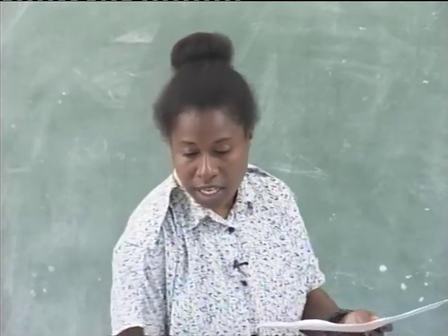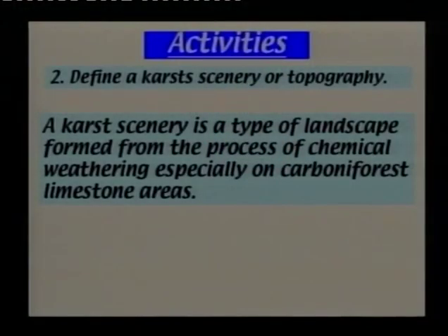Let's check the answer for question 2. The question again, to define a karst scenery or topography. It says here from the monitor, a karst scenery is a type of landscape or landform formed from the processes of chemical weathering, especially on Carboniferous limestone areas.